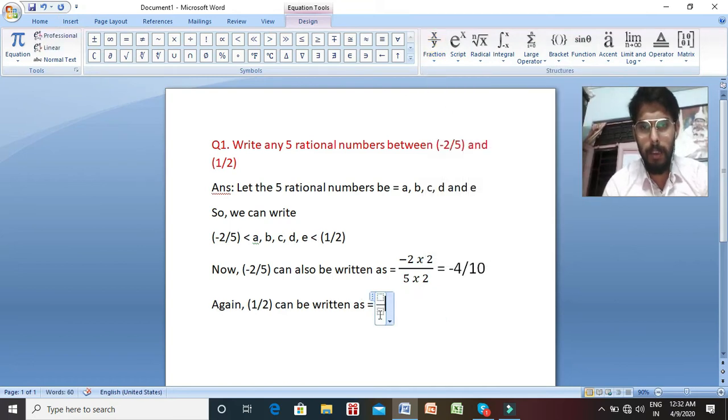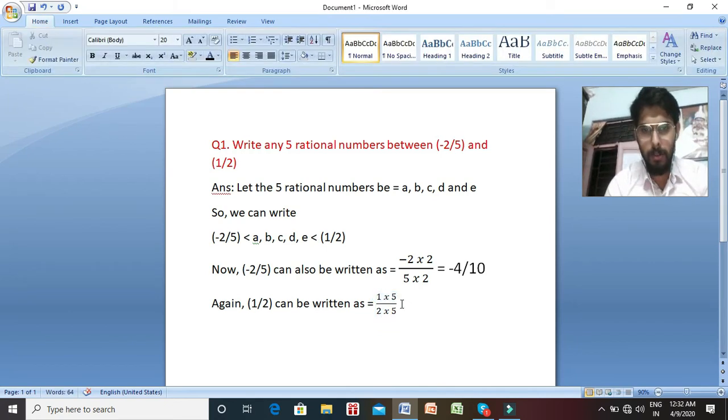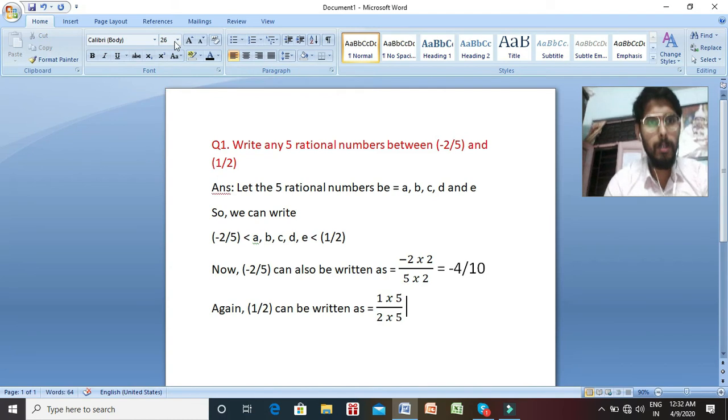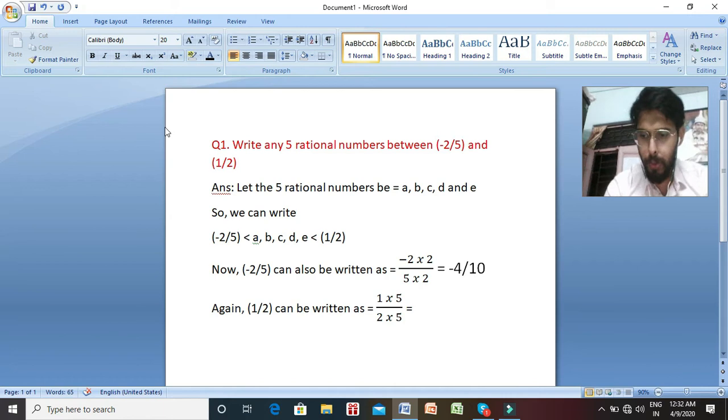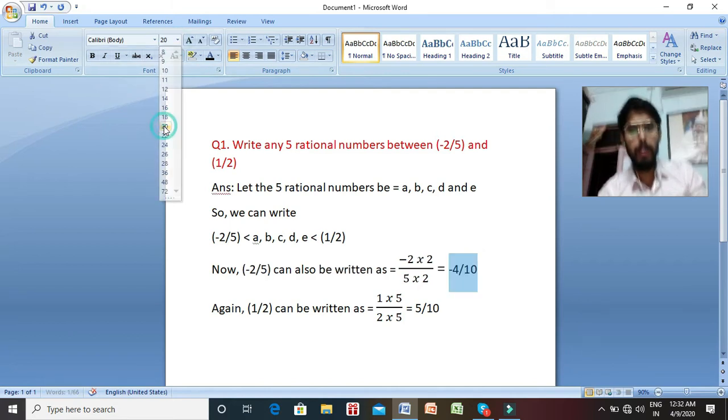So here we will write 2 into 5, and here we will write 1 into 5. So this will be equal to 5 by 10. Okay, so we have got two numbers. One is minus 4 by 10 and the other one is 5 by 10.